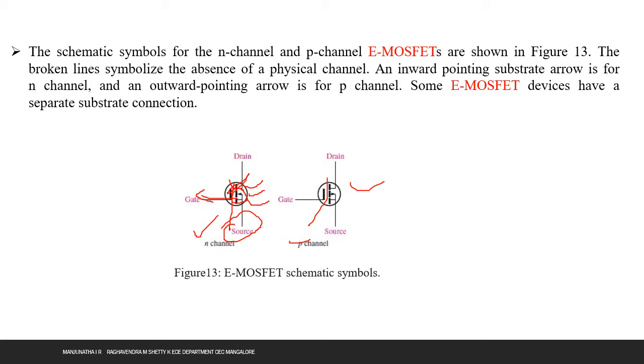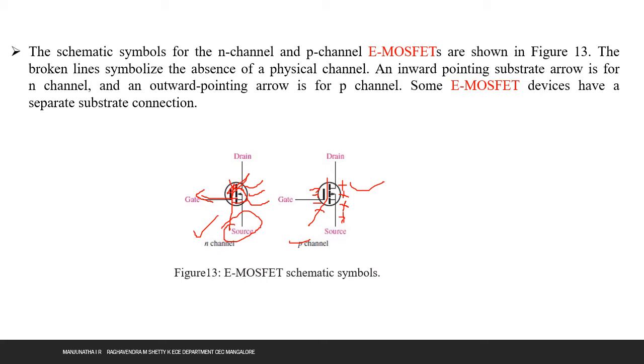In P channel we should give negative VGG, so negative charges will be accumulated here and positive charges will be accumulated on this side, and it creates or enhances the channel. That is what we discussed in the previous slide, just for your extra information.